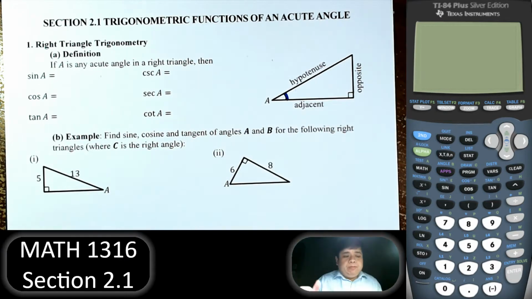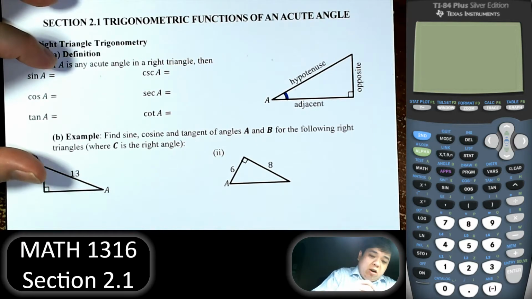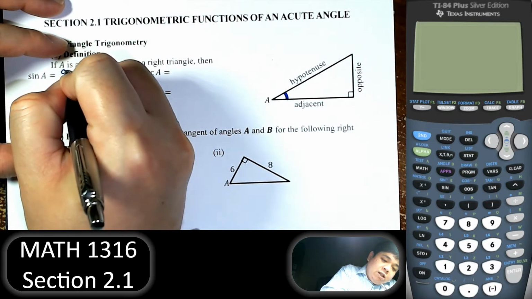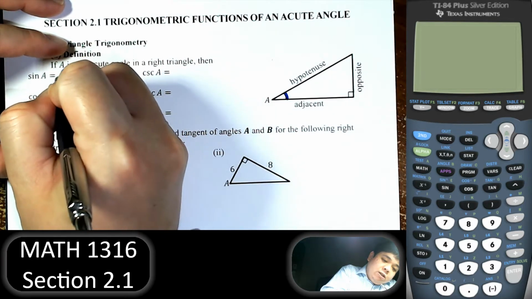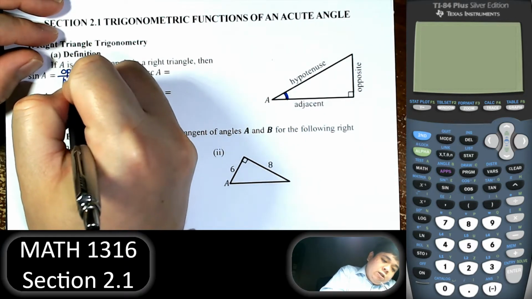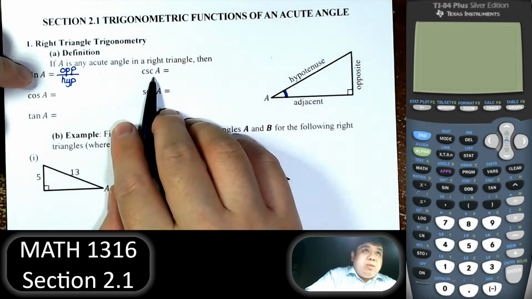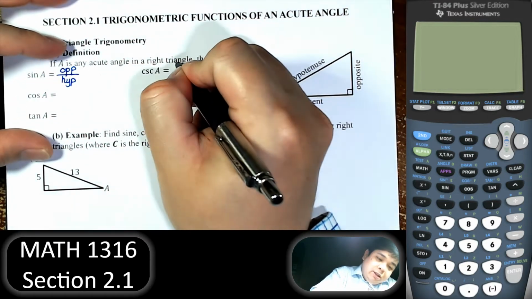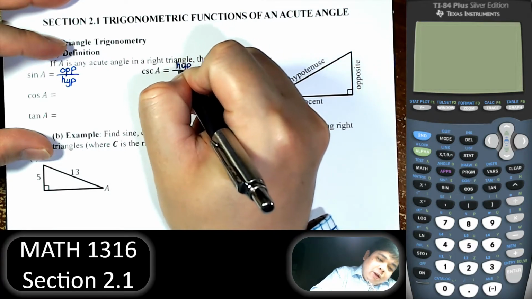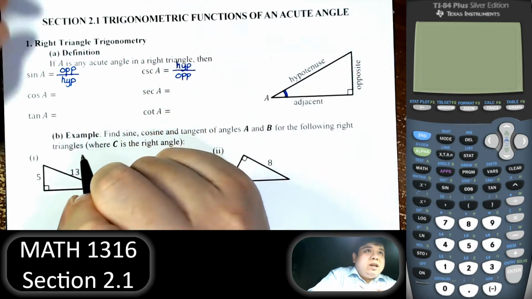When we define the 6 trig functions, sine is opposite over hypotenuse. Cosecant is the reciprocal of sine, so we just flip it: hypotenuse over opposite for cosecant.